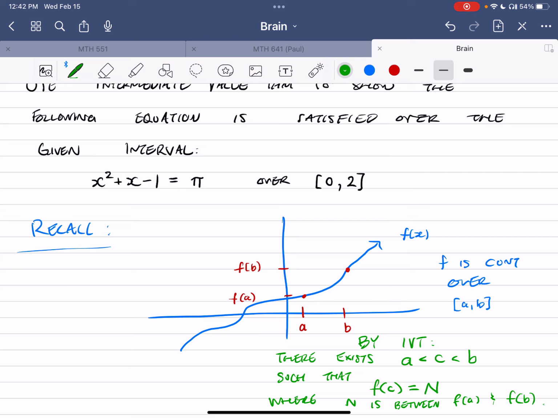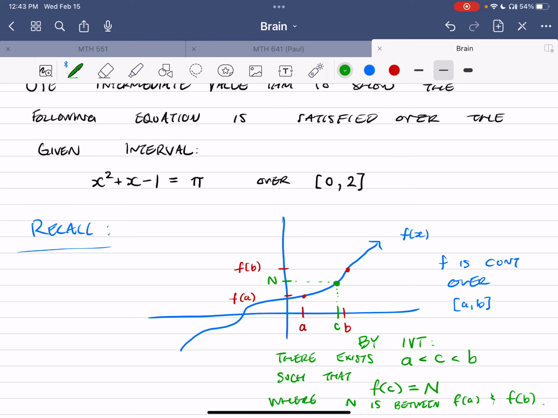It's a very intuitive thing. Right, f is continuous. You pick some number in here, n. Then you can find a value in between a and b, where you plug it into the function and you get that value n. That's what this picture says.